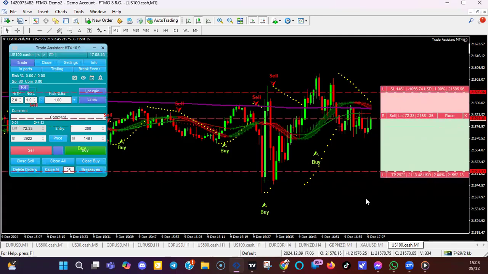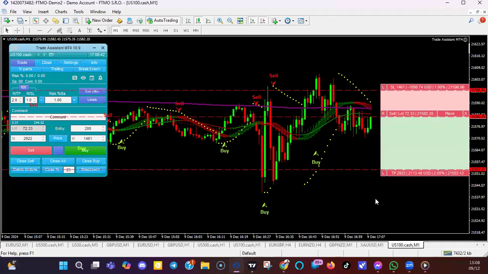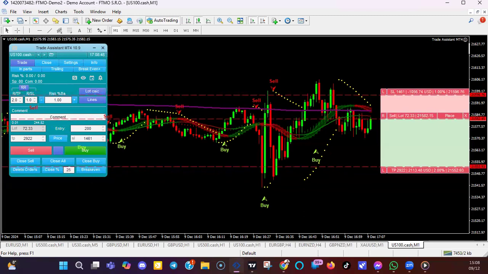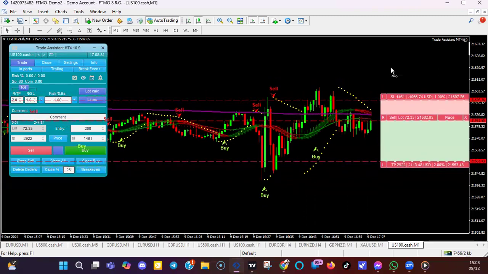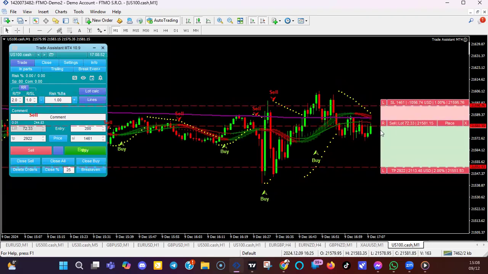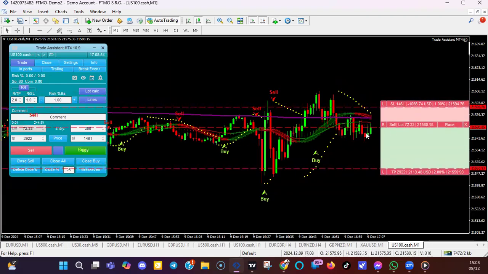Oh, I don't know. Sideways movement on this one as well. Might not get a trade. All this crab movement, sideways movement.